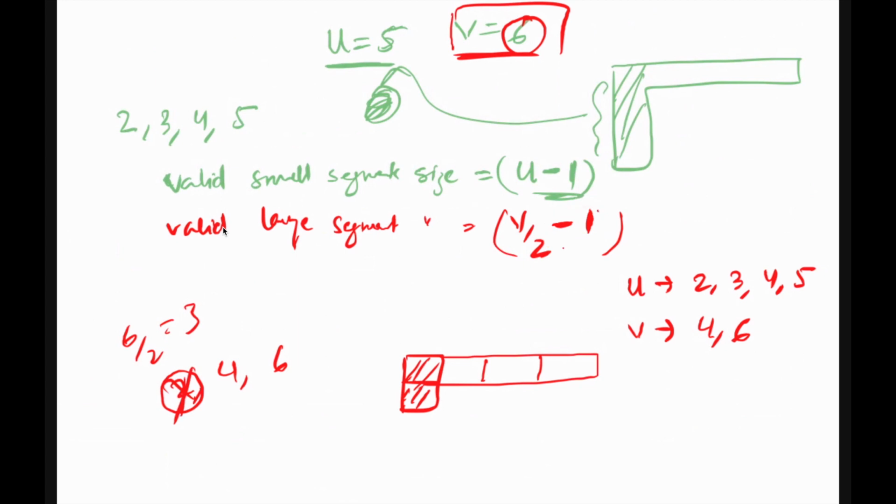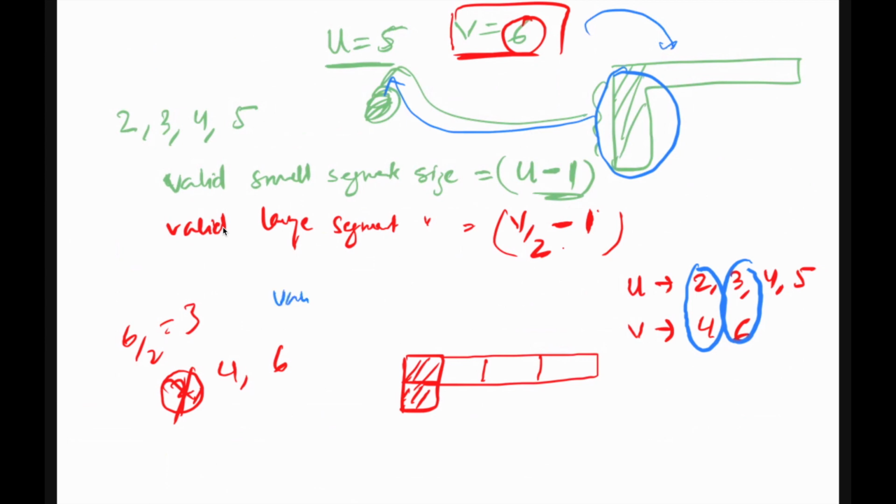We can say that for this one subcase, in which we are taking the smaller segment from u and the larger segment from v, we can have valid L shapes as the minimum of u minus 1 or v by 2 minus 1. So whatever the minimum value is, that will be the number of valid L shapes for that particular subcase.